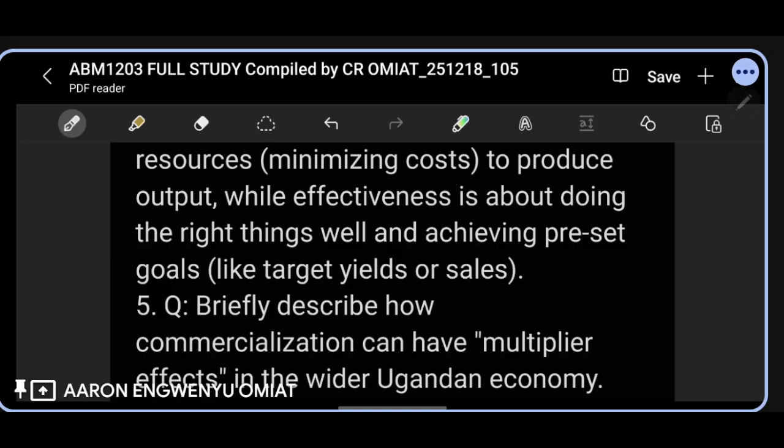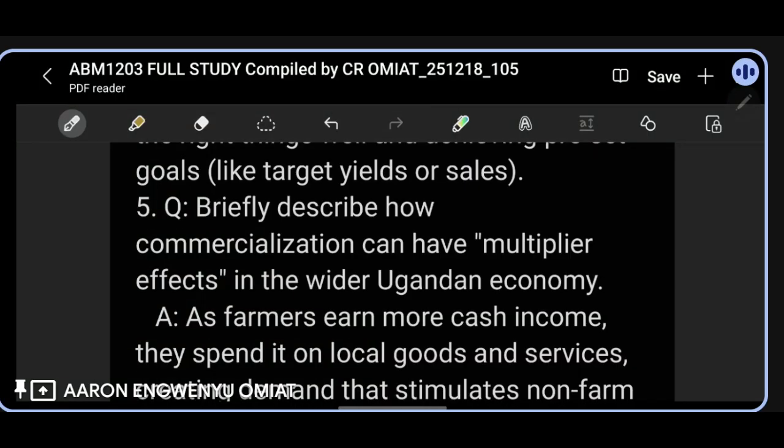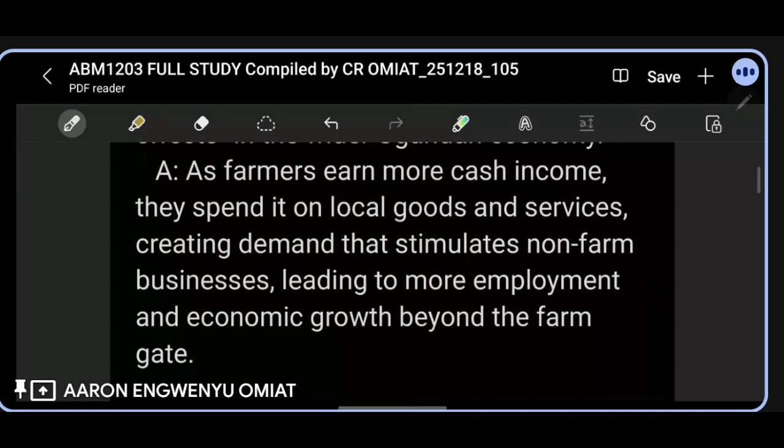Perfect. That's a very good example. Creating jobs, when people earn money, they pay taxes. This all contributes to the GDP of the country. A farmer can earn more income and spend on local goods and services, creating demand that stimulates non-farm businesses, leading to more employment and economic growth beyond the farm gate. As the farmer buys inputs from maybe a factory, the factory is employing people. It ends up even benefiting non-agriculture companies or industries.